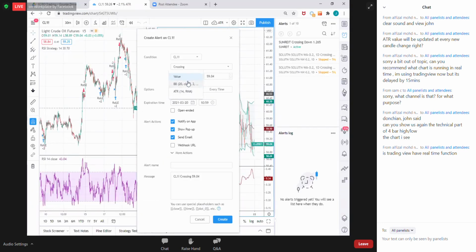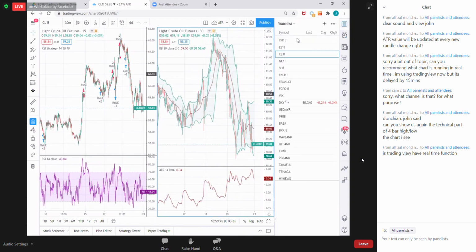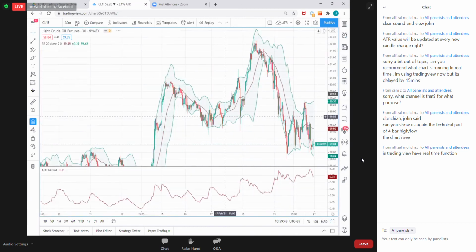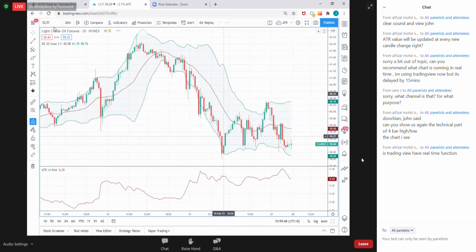Okay, so TradingView actually gives you the option to select the parameters. Okay, I'm sharing the right screen. So okay, so the parameters, yes, so you can set the alert on your required parameters. Let me switch.